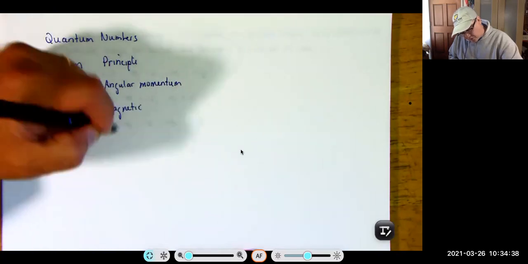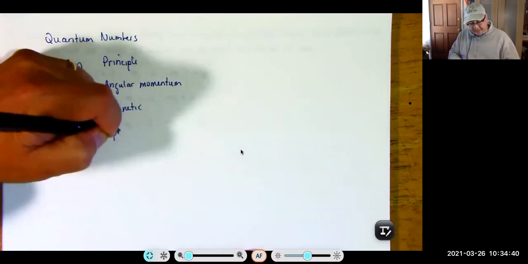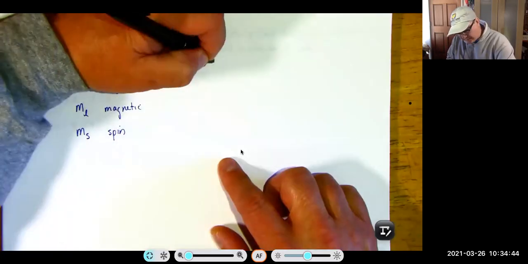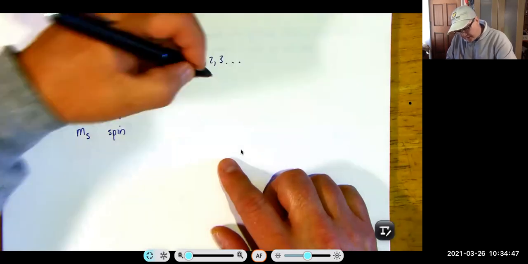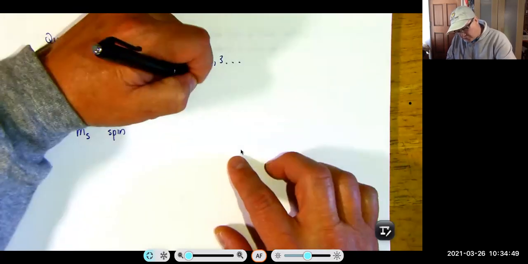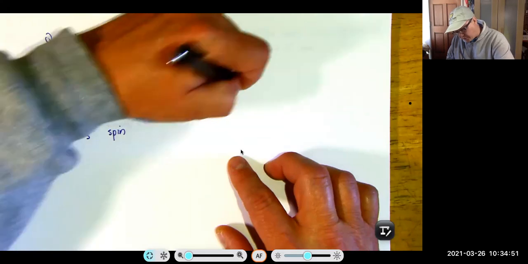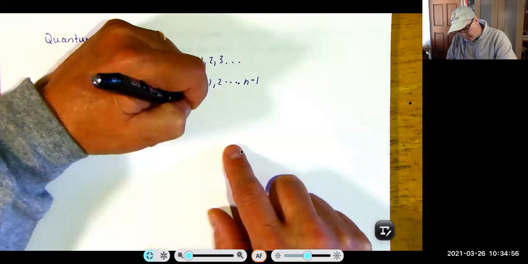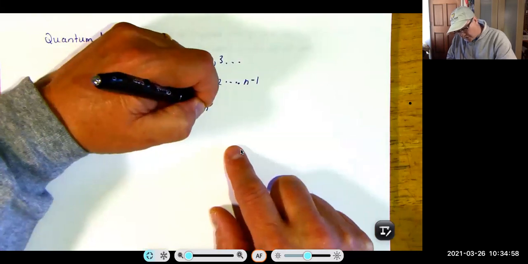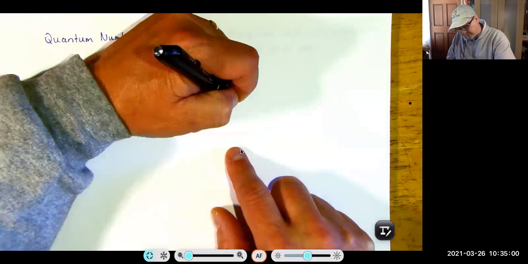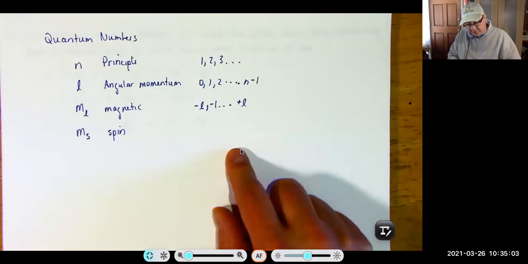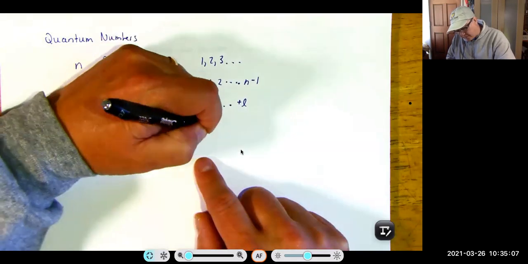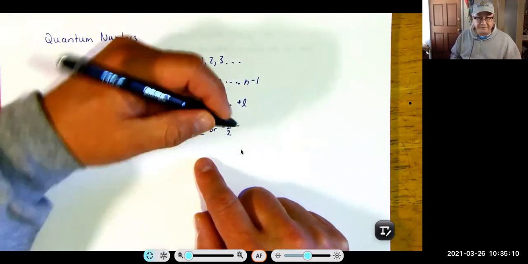And this is the spin quantum number. And the values for N can be 1, 2, 3. L is going to be 0, 1, 2, all the way up to N minus 1. Magnetic is going to be from negative L to negative 1, all the way up to positive L. And for a spin quantum number, it's either plus 1/2 or negative 1/2, one or the other.